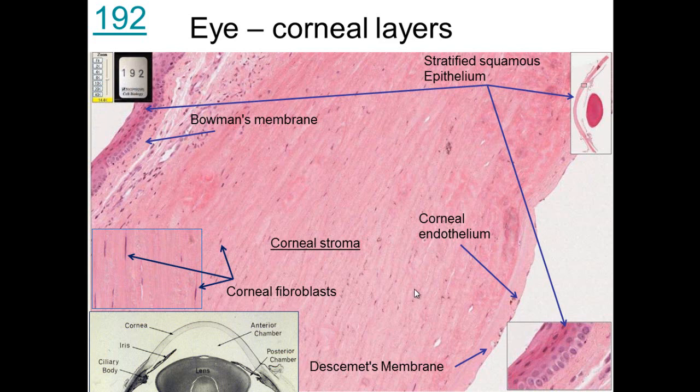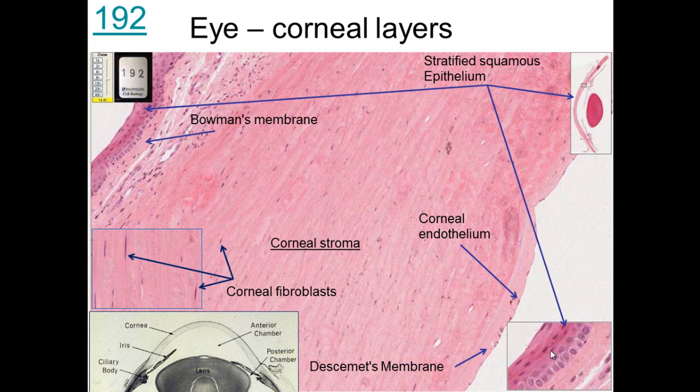So you have stroma from there to Descemet's membrane, which is a basement membrane of these transport endothelial cells that are on the surface, the anterior chamber surface, which is really the posterior portion of the cornea that you can see there.